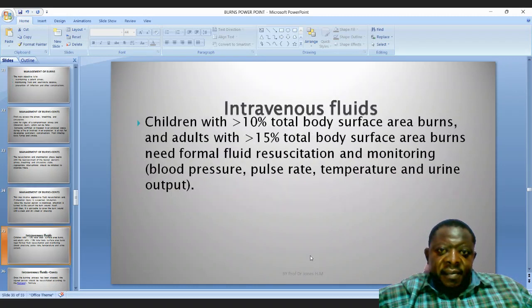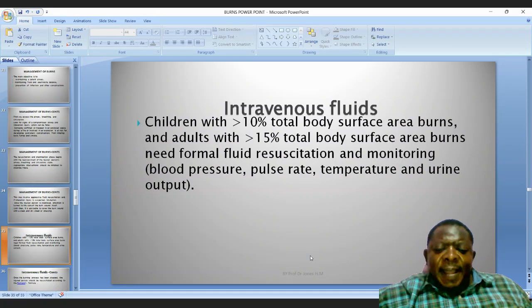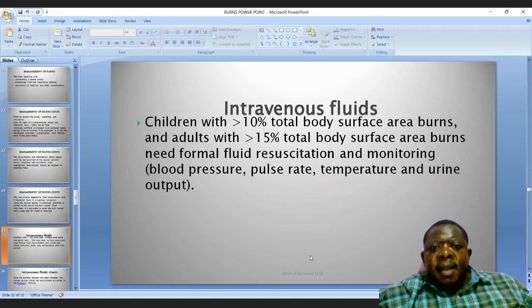Children with about 10% total body surface area burns and adults with above 15% total body surface area burns are going to need formal fluid resuscitation and monitoring of blood pressure, pulse rate, temperature, and the urine output.